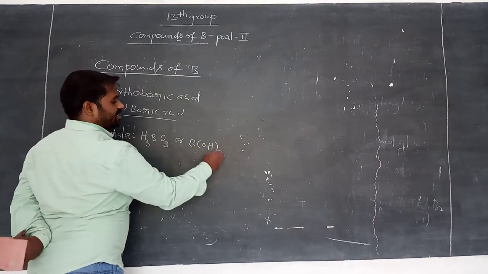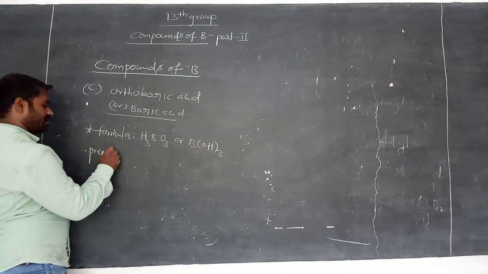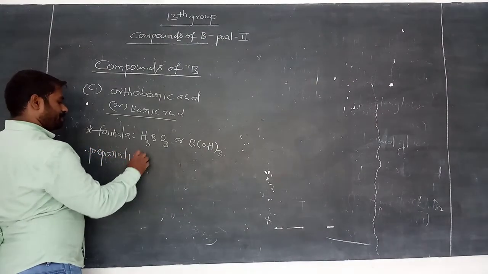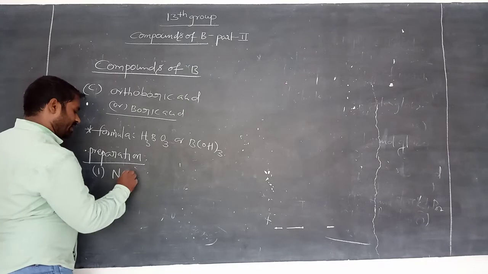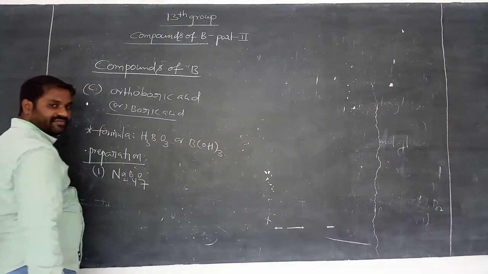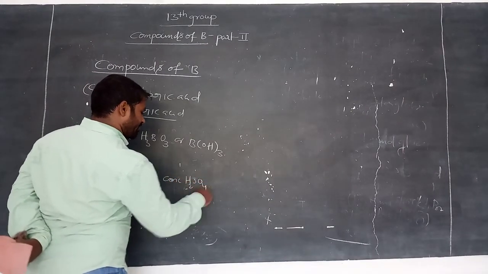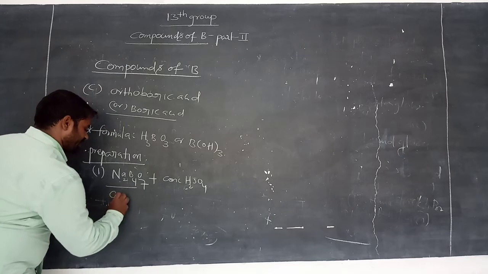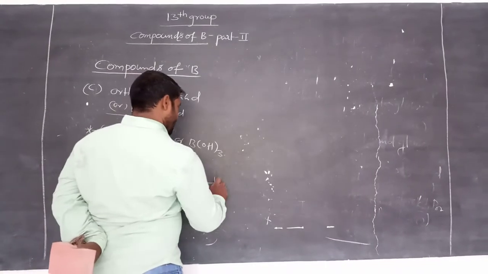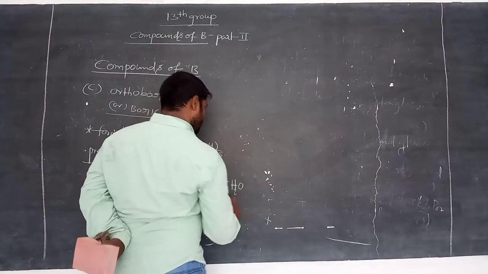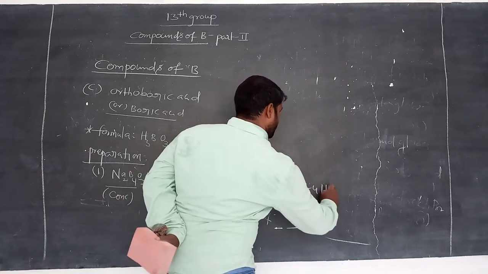And its preparation from borax, formula Na2B4O7, is added with concentrated H2SO4, sulfuric acid. Concentrated means pure concentration here. H2SO4, and add water, it gives orthoboric acid.